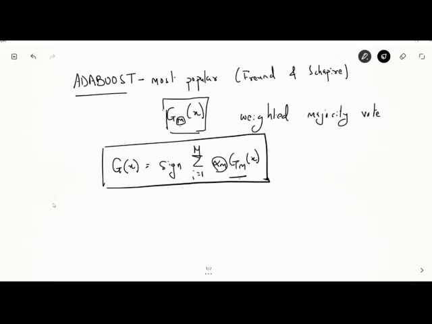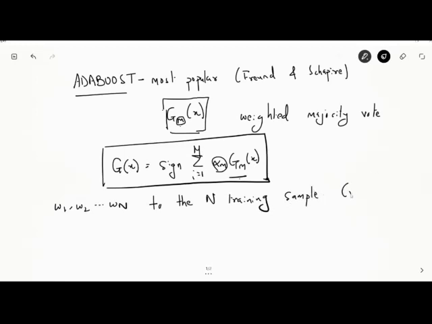In each step we associate a number of weights, W1, W2, ..., Wn, to the n training samples. This is happening at every step.